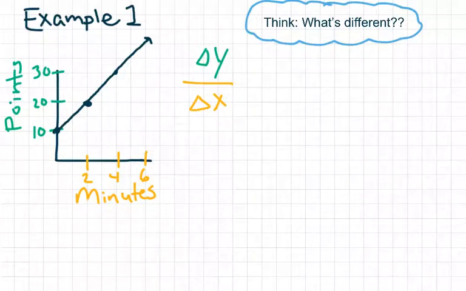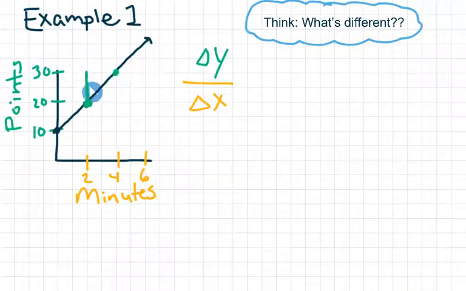So we have to look at the distance that it's moving up the y-axis first. Moving up the y-axis, say we pick these two points, remember you can use any two points. This first point is at 20 on the y-axis, and I'm moving up the y-axis until I hit this second point right here.